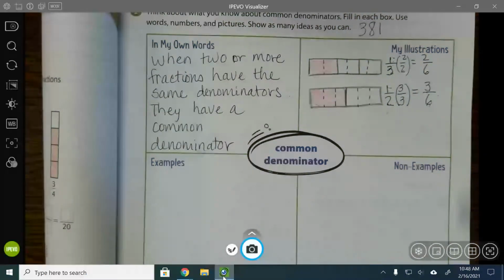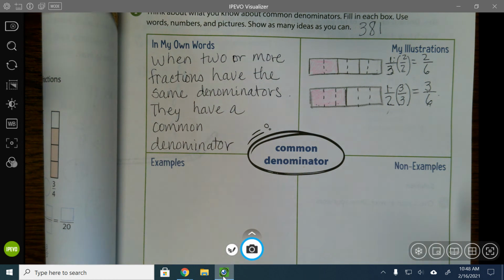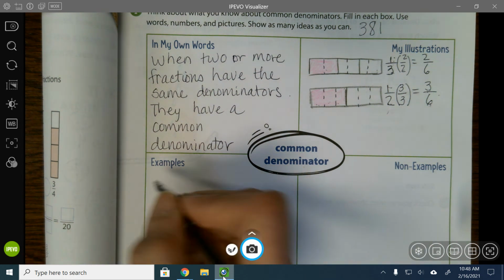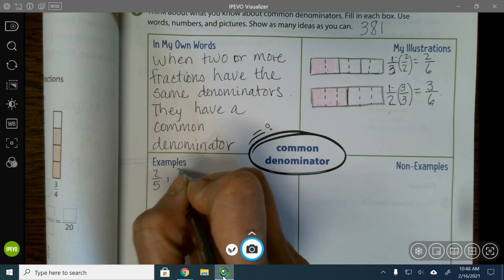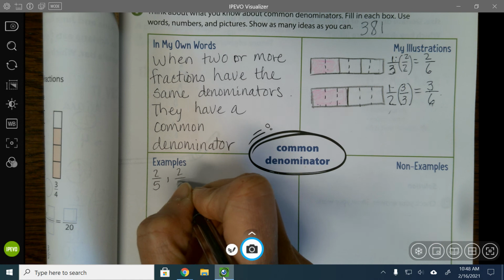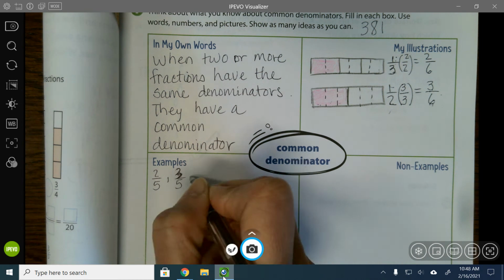Okay? There's my illustration. Now you say, Ms. Hua, what else? Give me another example. I say, sure, I'll give you another example, of course. So I can say 2/5, 3/5, and 4/5. It looks like a sad 3, but it's a 3/5.